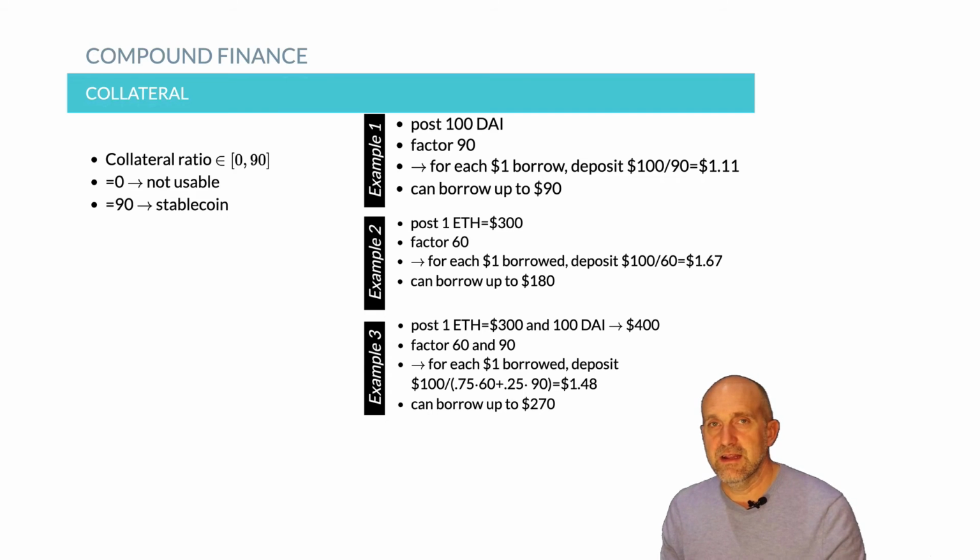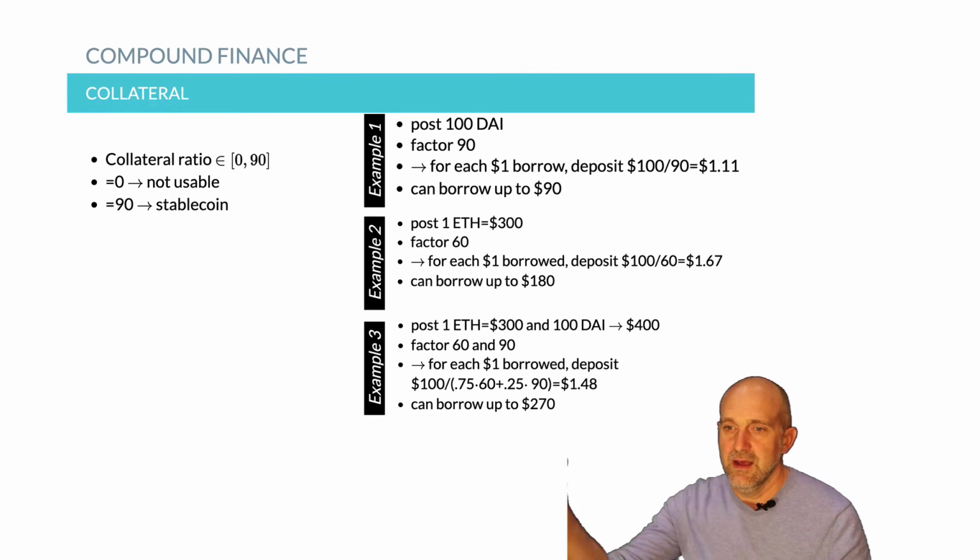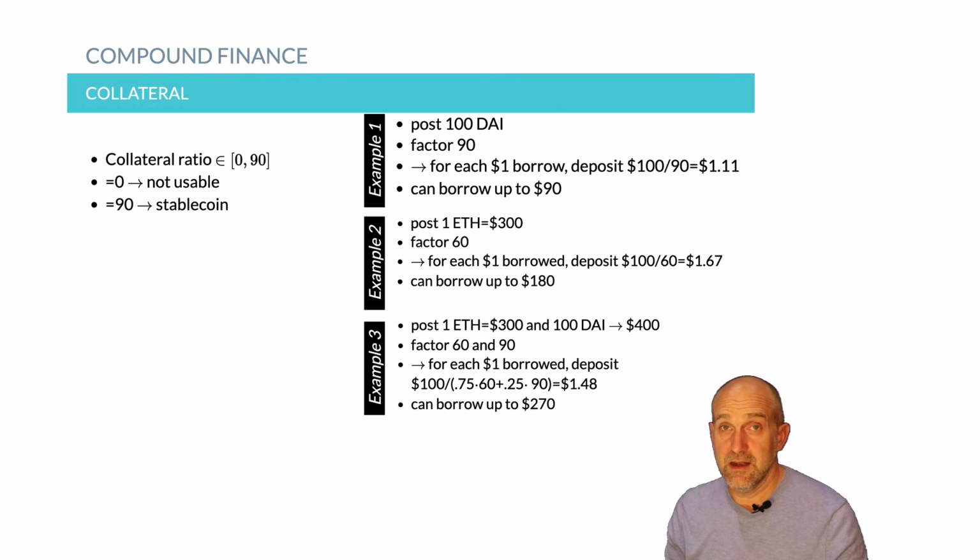So take an example. Suppose you post 100 DAI. The collateral ratio for that would be 90. And so for each dollar that you want to borrow, you have to deposit 100 over 90, which is $1.11. Or rather, you can also think about it as you put the amount of money in, and it's worth, let's say, $100.